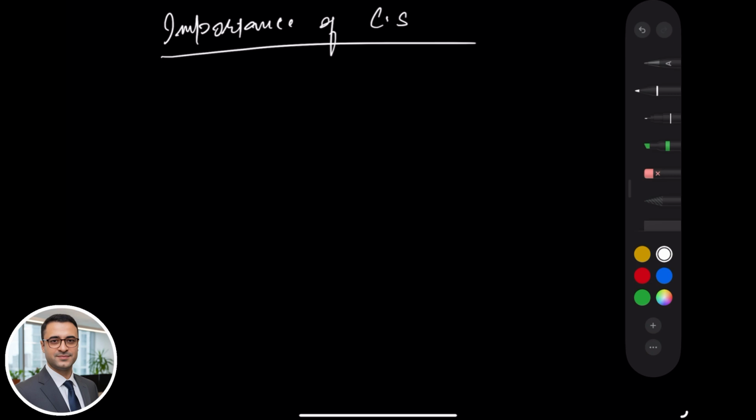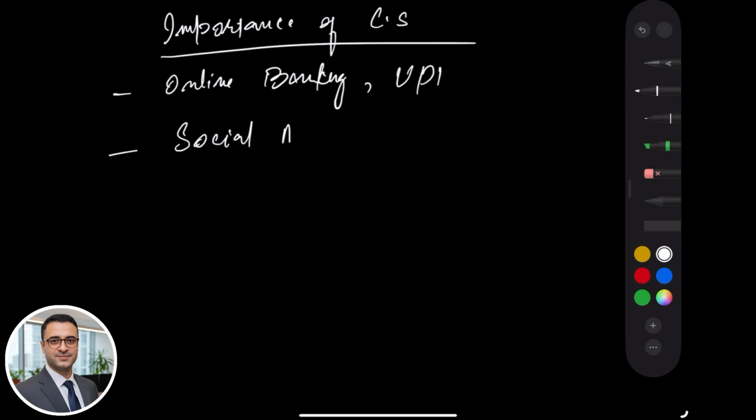And talking about UPIs, we hardly pay in cash now. We always prefer UPI transactions. First is online banking, UPI transactions. Point number two, social media. We need social media privacy basically. So we are on social media and privacy matters.